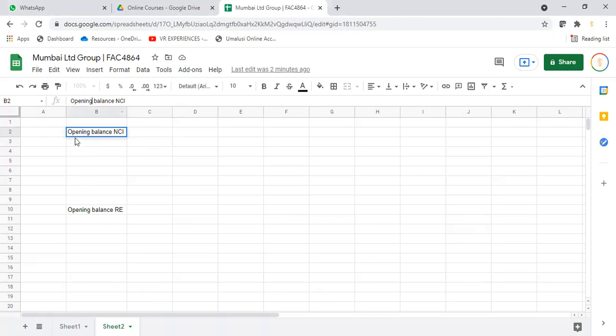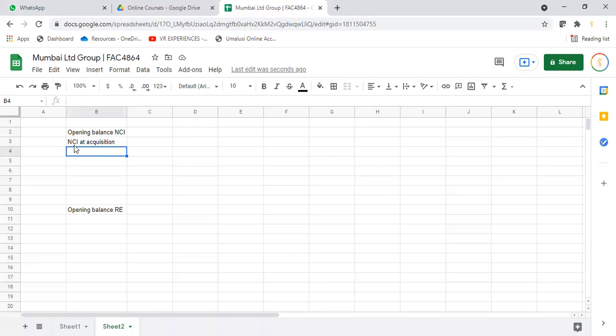So I'm going to start with NCI. The opening balance of NCI is going to include NCI at acquisition. But before going to opening balance, you must understand you can only have an opening balance if you had a closing balance.